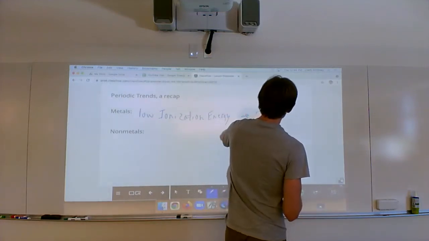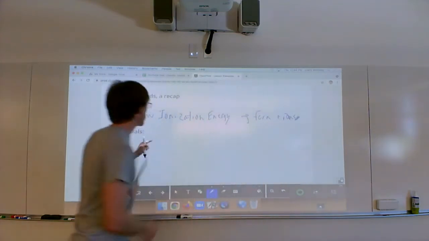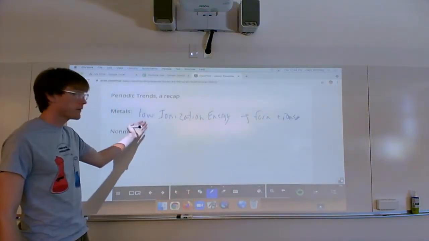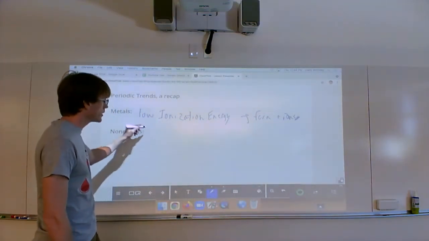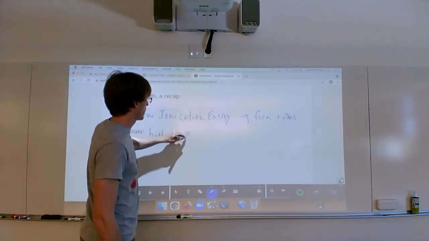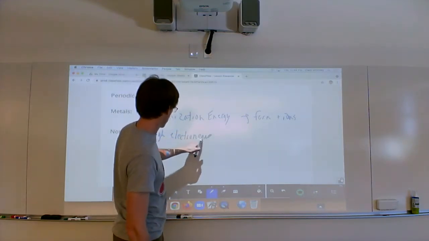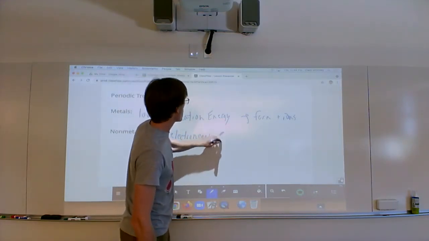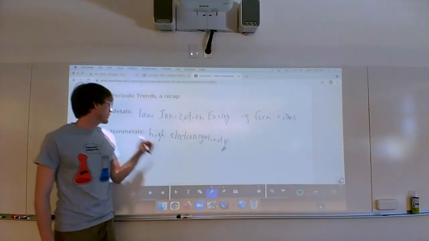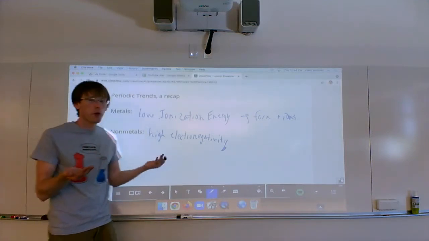So, on the other hand, nonmetals tend to have very high ionization energy. You could also say that they have high electronegativity, and what that means is that nonmetals will pull electrons towards them quite well.